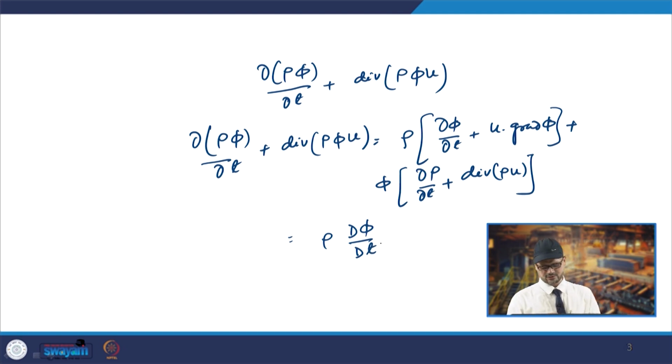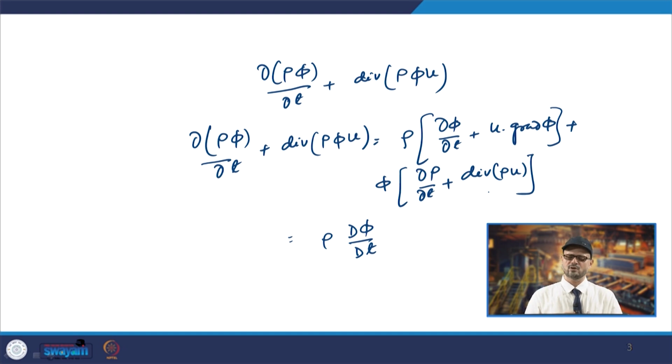Now, in this case the term phi times ∂ρ/∂t is 0 because the density is constant, and also the term plus div ρu becomes 0.